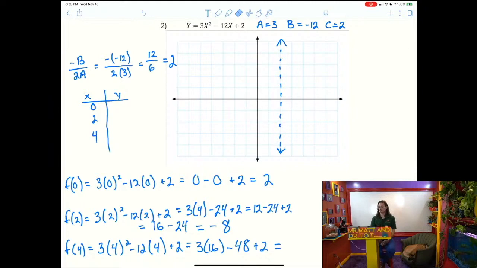So I put in a little dashed line at x is equal to positive 2, and now I'm going a little bit to the left of positive 2 and a little bit to the right of positive 2 and including positive 2 in my table. So I'm going to evaluate x is equal to 0, x is equal to 2, and x is equal to 4. If I plug in 0 for x, then I get positive 2.